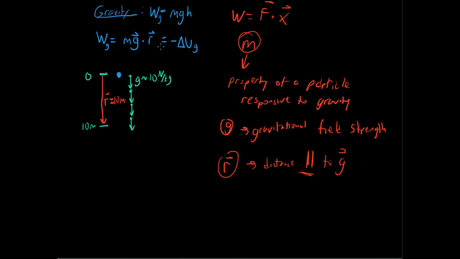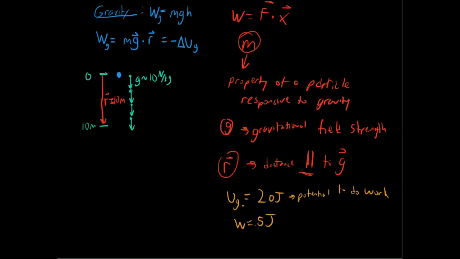The other thing to bear in mind is that the work done by gravity is going to be equal to the opposite of the change in the gravitational potential energy. I'm going to give you a quick example here. Let's say that you have a potential energy initially of 20 joules, and then gravity does 5 joules of work. Well, this 20 joules is representing potential to do work.